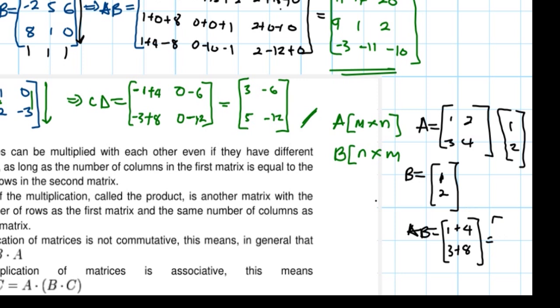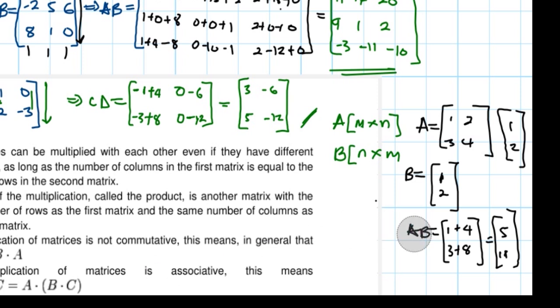So this matrix will be what? 5 and 11. So this is called a column matrix, right? We have what is called a column matrix. When we go to special matrices, which is in our next video, we are going to be discussing more of that.